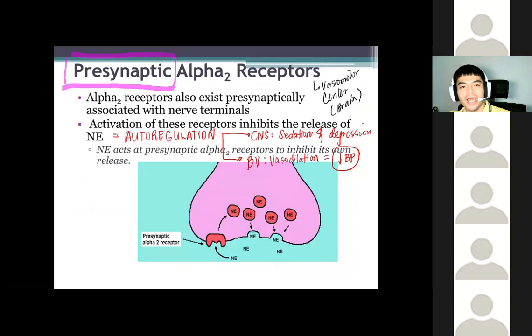Remember, isang effect ng autoregulation is what? That is vasodilation. At pag may vasodilation, ano nangyayari sa ating blood pressure? Tumataas or bumababa? Bumababa. Yes, very good.